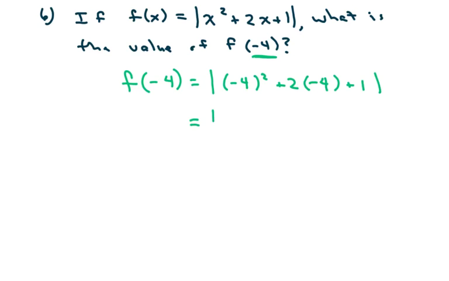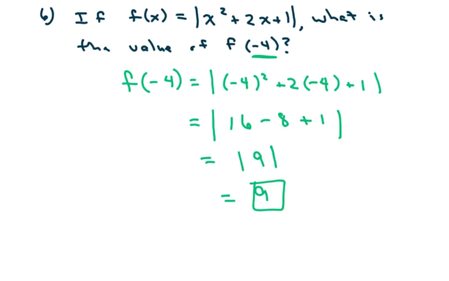Then simplify this. It's going to be 16 minus 8 plus 1. So this gives you the absolute value of 9, I believe, and the absolute value of 9 equals 9. And this was a griddable.